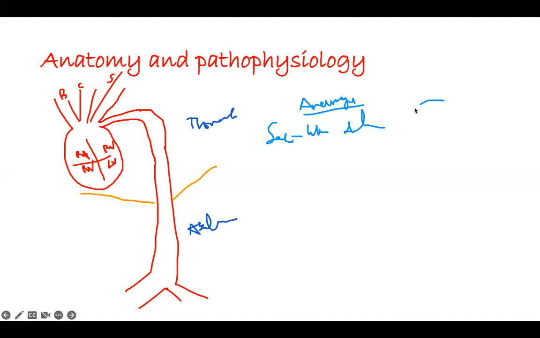Remember, the blood vessel has 3 layers. So this is the actual lumen. This is the intimal layer, the inside, and then this is the medial layer, and this is the adventitial layer. These are the 3 layers of the blood vessel. And sometimes the layers can become like a sac, they dilate.